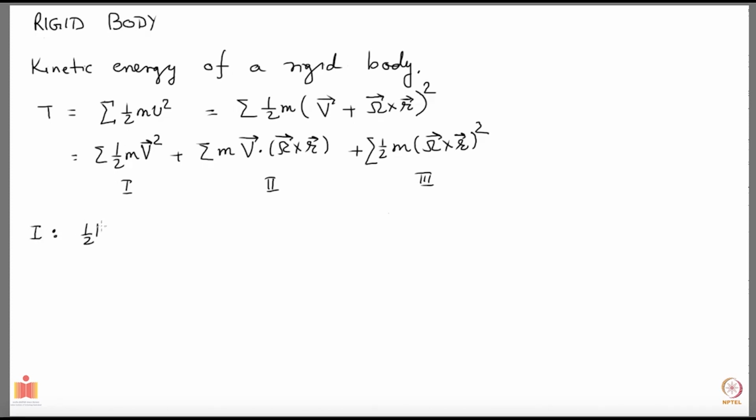Now I have a problem. If I write capital M, it looks like angular momentum. Anyway, let's put mu, half mu V square. Mu is the total mass, not the reduced mass. Okay, that's fine.